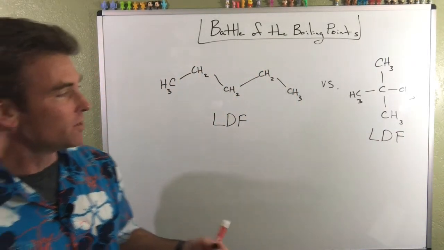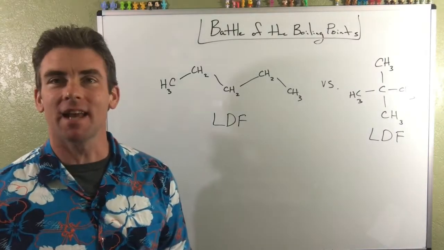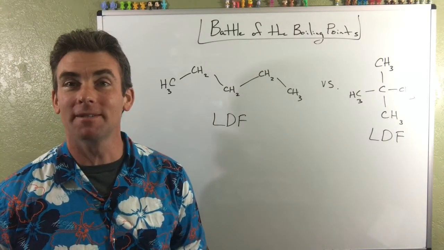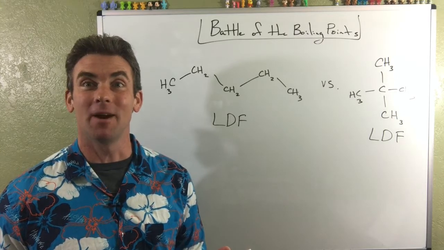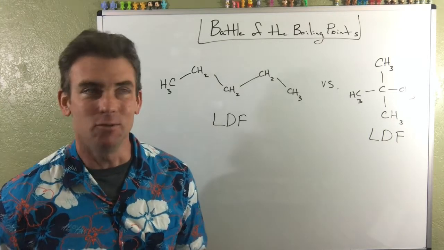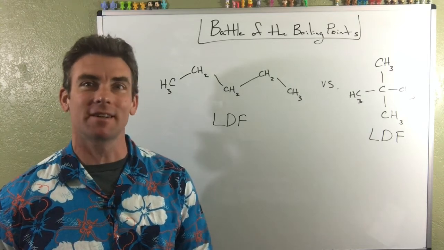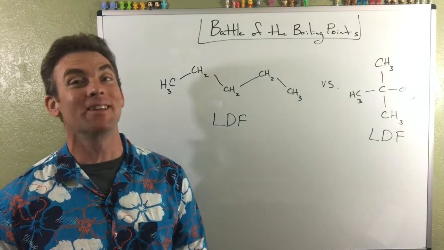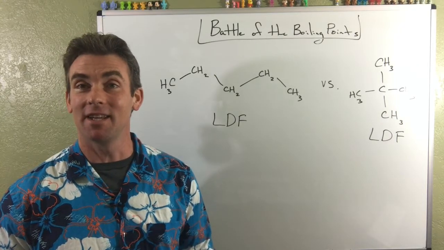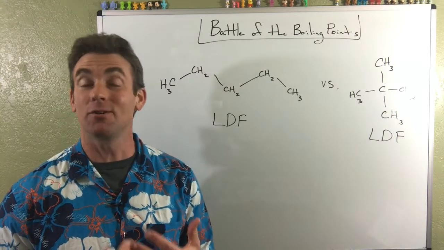And so you say, okay, one of these must have a higher or lower molar mass. Then you look at them both, and they're exactly the same, right? And you're like, well, you just said that most of these questions boil down to two different factors. This turns out to be one of the rare ones where it actually has to do with what's called surface area.